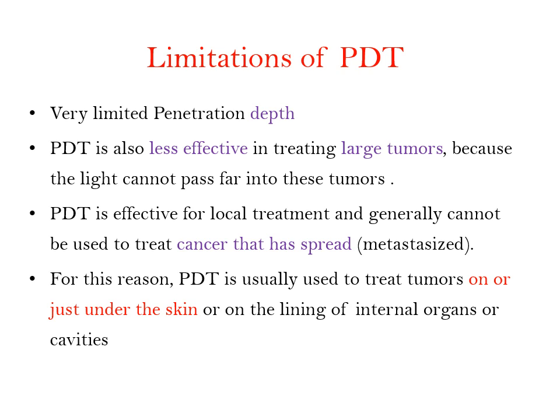This is one major limitation of photodynamic therapy. It is only effective for local treatment, and generally cannot be used to treat cancer that has spread or metastasized. So for this reason, photodynamic therapy is limited to application mainly for skin disease or for the lining of internal organs or cavities.